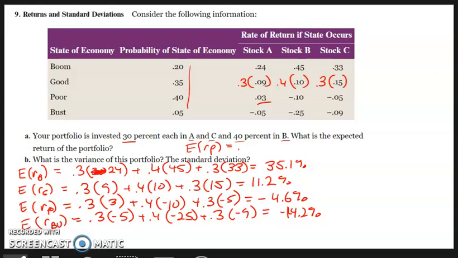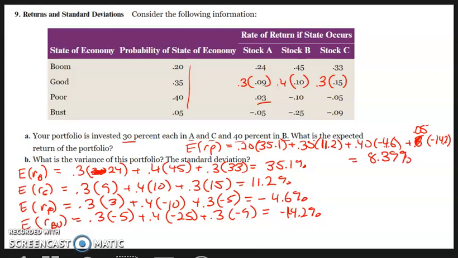We have a 20% probability of 35.1 plus a 35% probability of 11.2, and then a 40% probability of negative 4.6, plus a 5% probability, 0.05, multiplied by negative 14.2, and we get an expected return on our portfolio of 8.39%. So that is the answer to A.